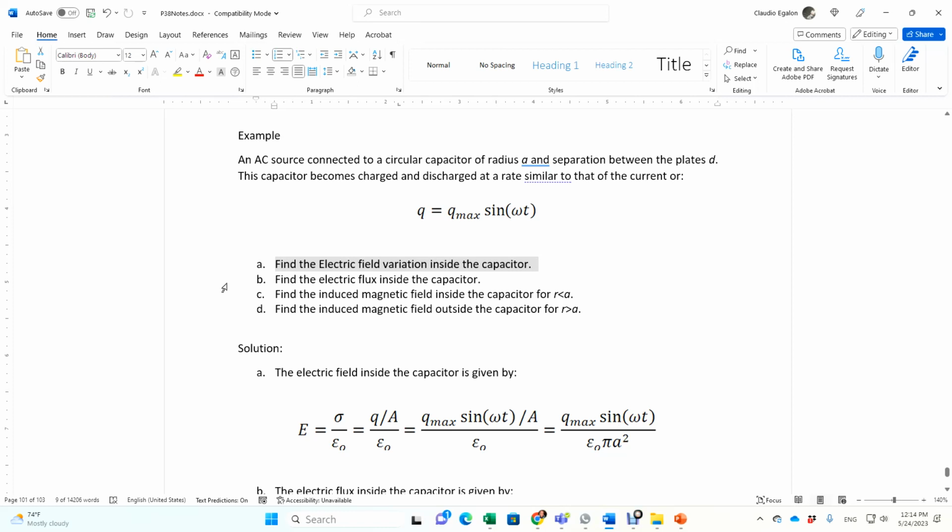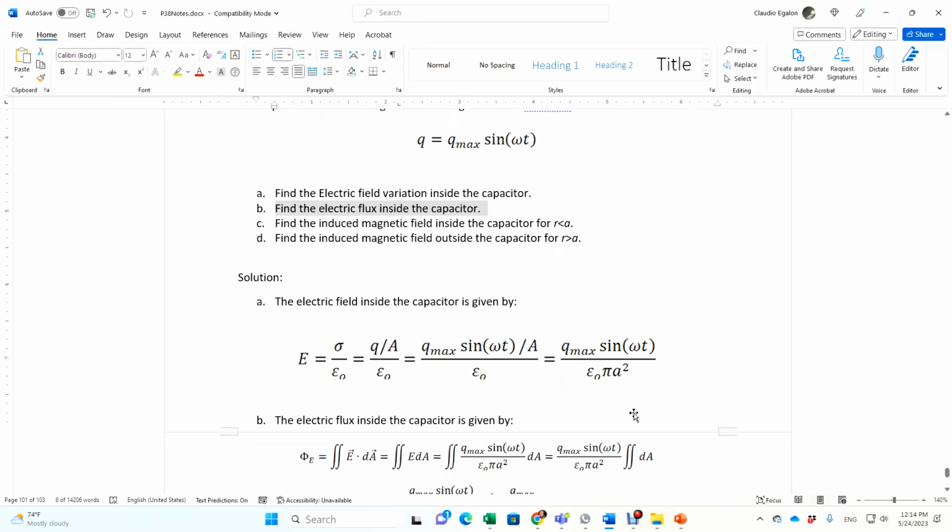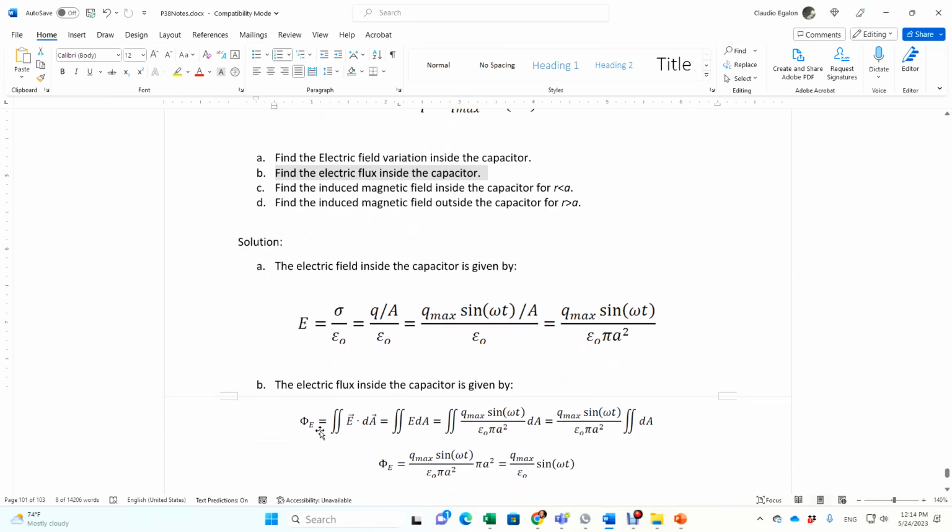The next step is to find the electric flux inside the capacitor. Okay, the electric flux is going to be given by E dot dA. We know that the electric field is going to be parallel to the area vector inside the capacitor, so E dot dA is going to be just E dA. The E is this relation that we found previously.